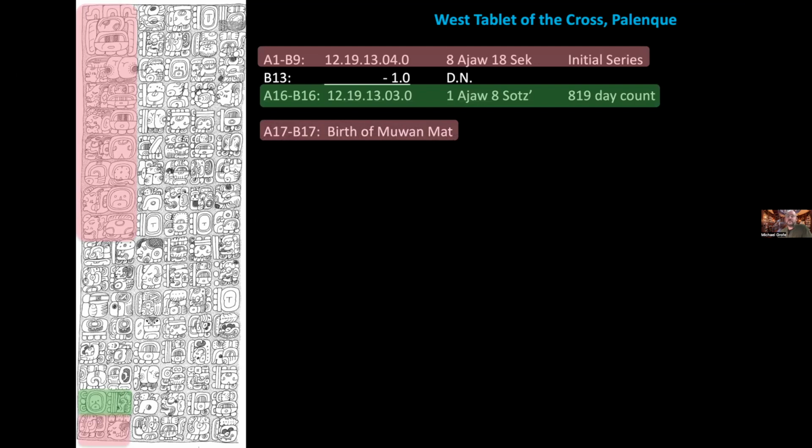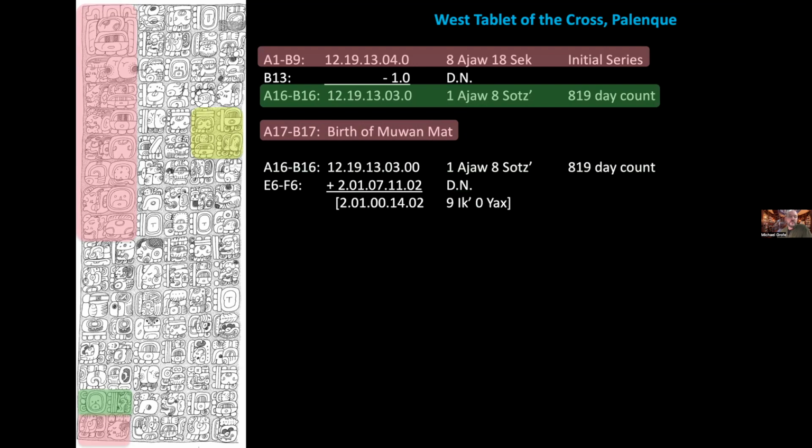A local name of the maize god. The name has a lot more to it than that, but for our purposes, we'll just refer to this individual as Muanmat. We then go through a series of events involving G1, but I'm skipping forward now because I need to get to the very end of the text here.